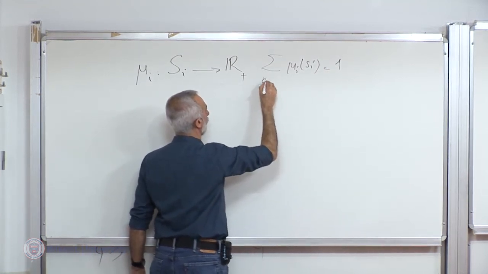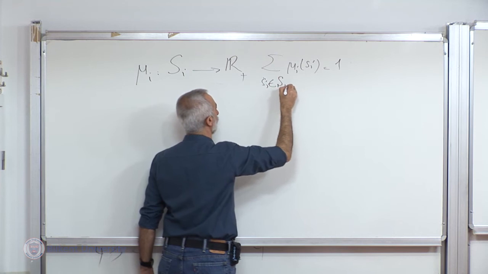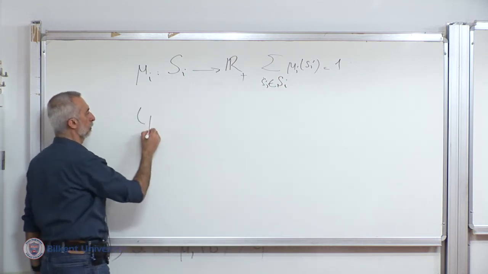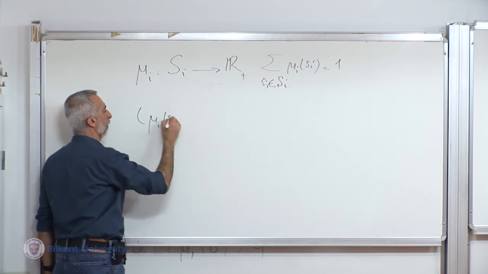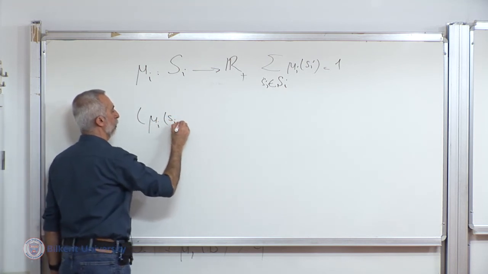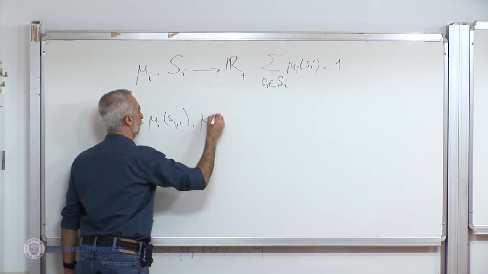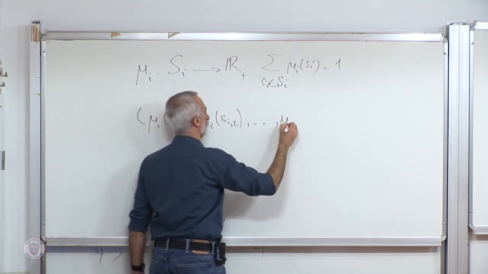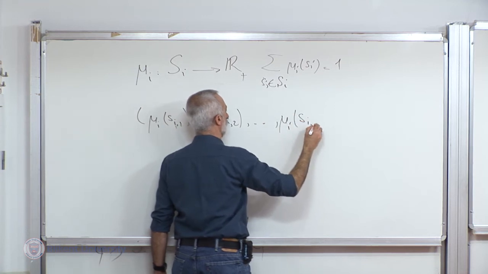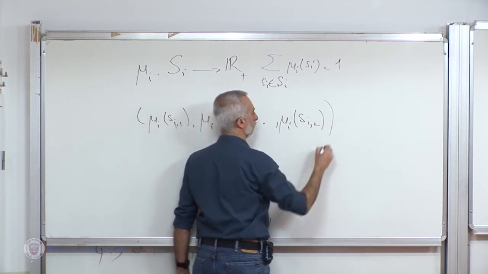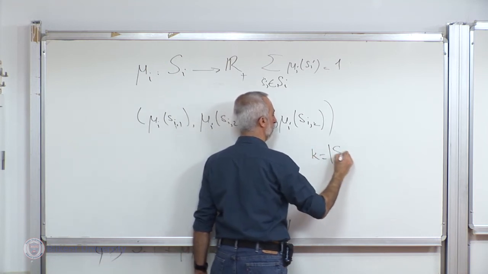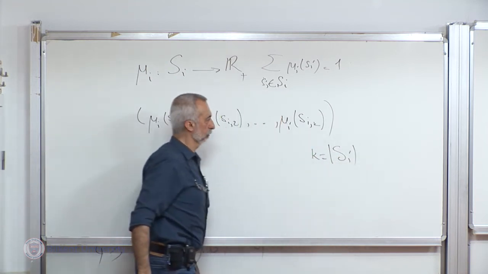Or you can think about it as (μ_i(s_i1), μ_i(s_i2), ..., μ_i(s_ik)), where k is the cardinality of S_i.